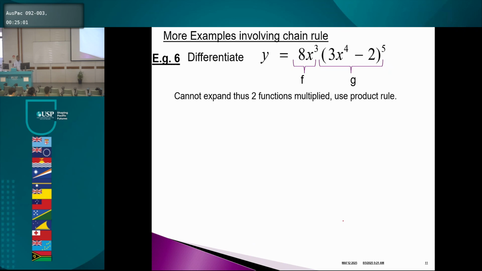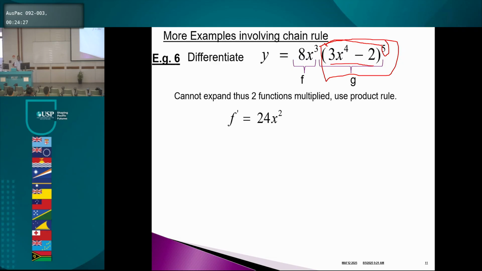Product rule says, okay, let me just differentiate f dash, I get 8x cubed. G dash. G dash looks like a composite function. So to get G dash, I'll have to use the chain rule here. So if I use the chain rule, I'll move the 5 to the front, reduce the power by 1.